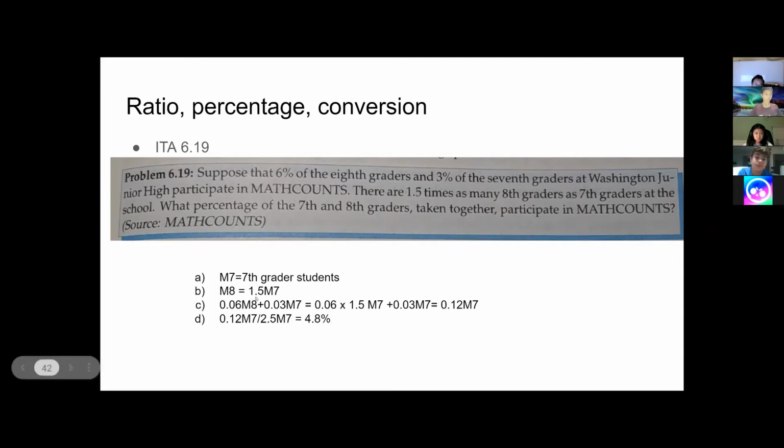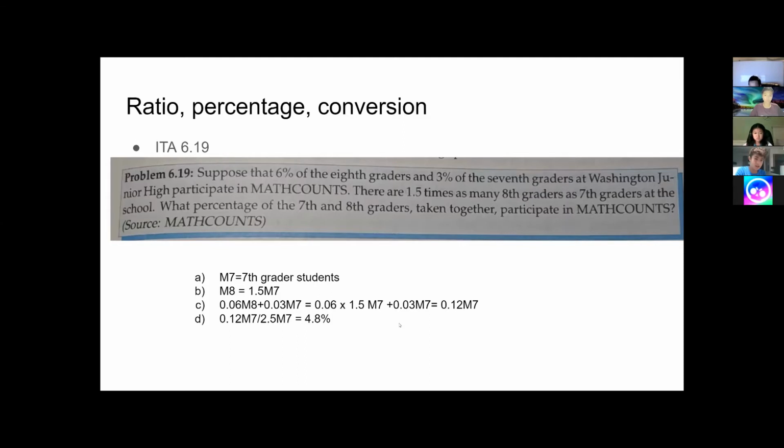Then we add 0.06 M8 plus 0.03 M7. That is just everything becoming M7, right? And then we got 0.12 M7 divided by total. Remember, total is M7 plus 1.5 M7, so that's 2.5 M7. Then cancel the M7, and that's 4.8%.